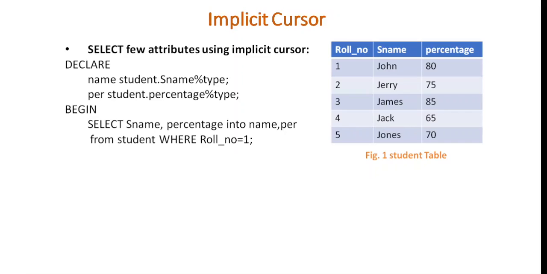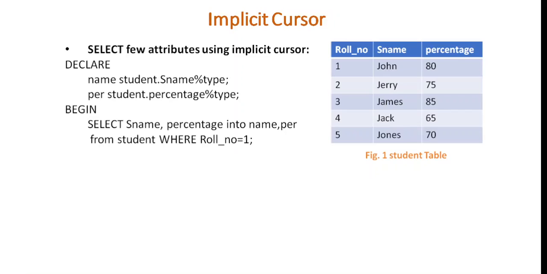We cannot use these attributes as they are in a PL/SQL block for processing. So first we need to fetch the values of those attributes into local variables. So here name and per, these two are the local variables whose data types are the same as that of sname and percentage.